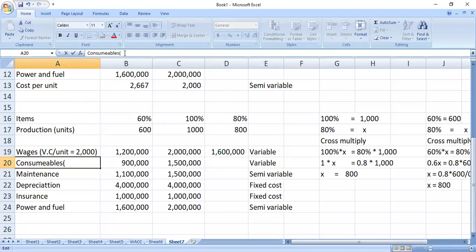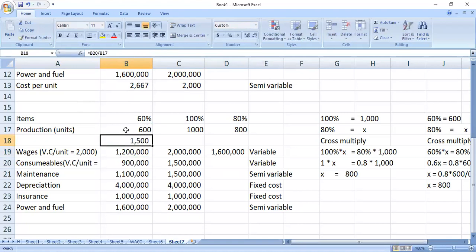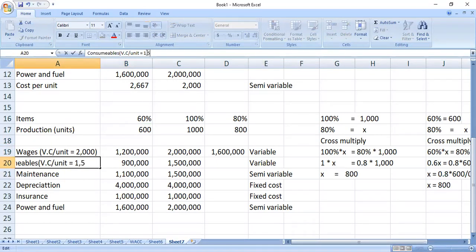So we're saying the variable cost per unit for this one is 900 divided by 600. I don't remember the answer we got. I can just get it here. 900 divided by 600. Got 1.5. So it's 1,500.